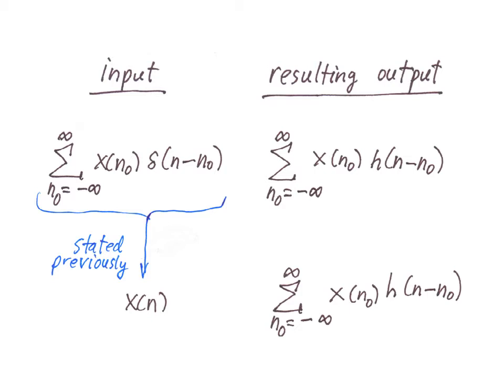And then the thing I derived from the sifting property, now we can, as stated previously, replace that expression with x of n, and the resulting output on the right side you will recognize to be the convolution, the discrete convolution between x and h.